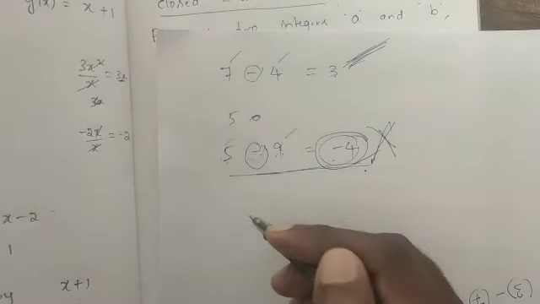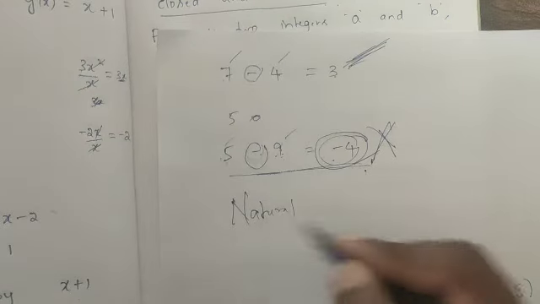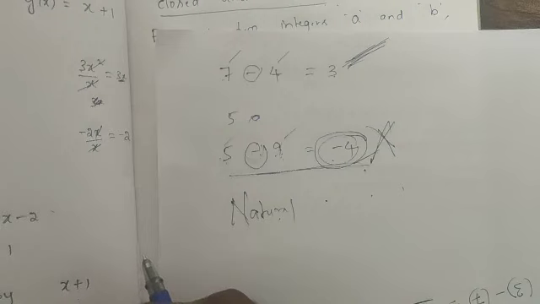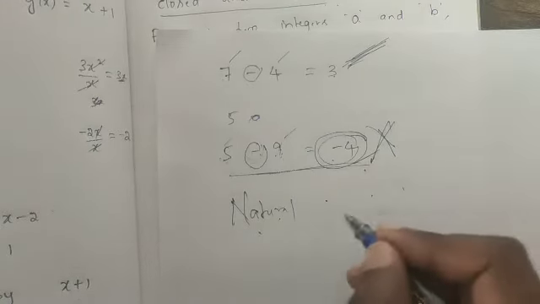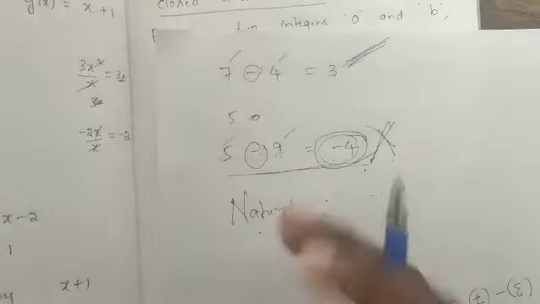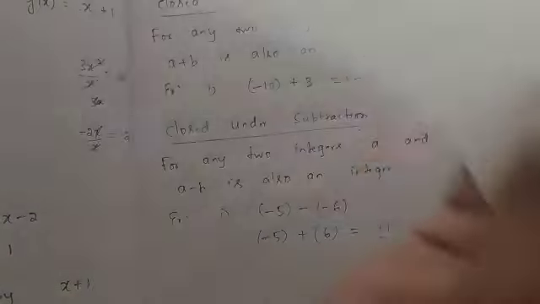Therefore, natural numbers are not closed under subtraction operation. Similarly, whole numbers are not closed under subtraction operation.